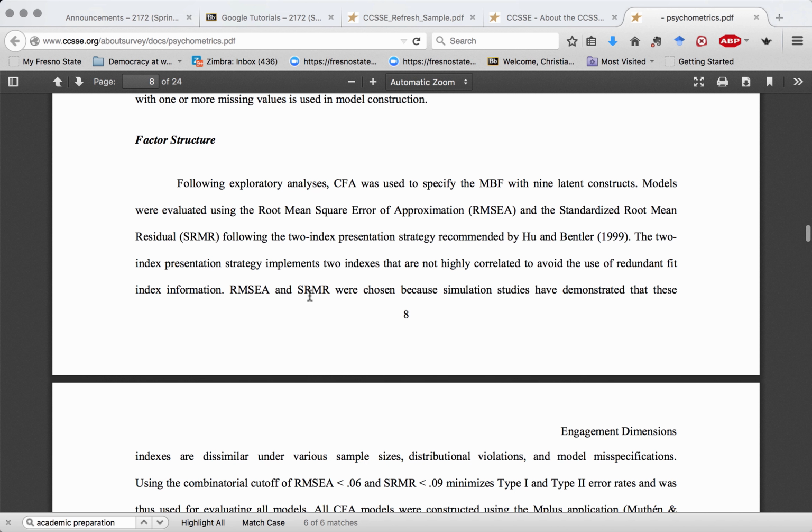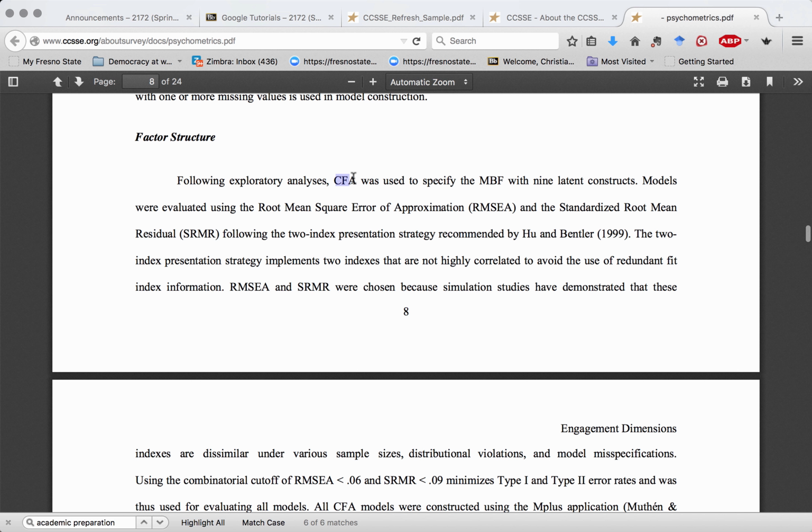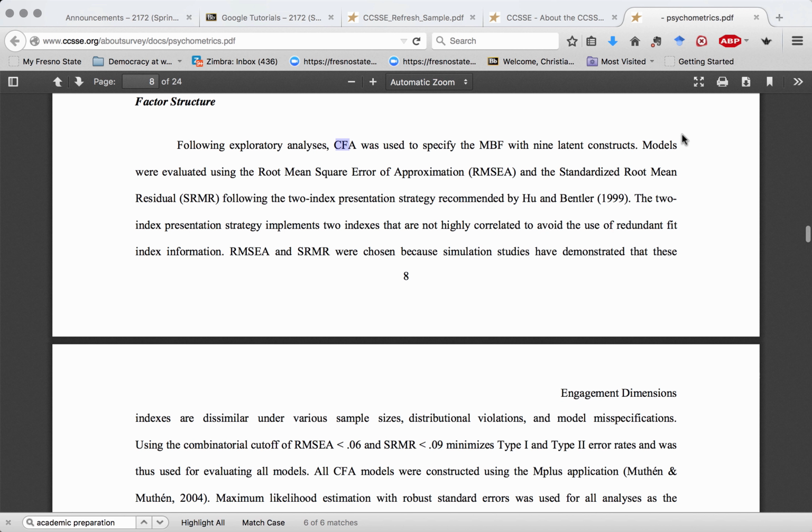Then the factor structure, again CFA is short for confirmatory factor analysis. And what we do is we specify the structure, right? We say these items go with the following factors, and then we model this with our data, and then we get a score for how well the data fits the model that we theoretically specified.